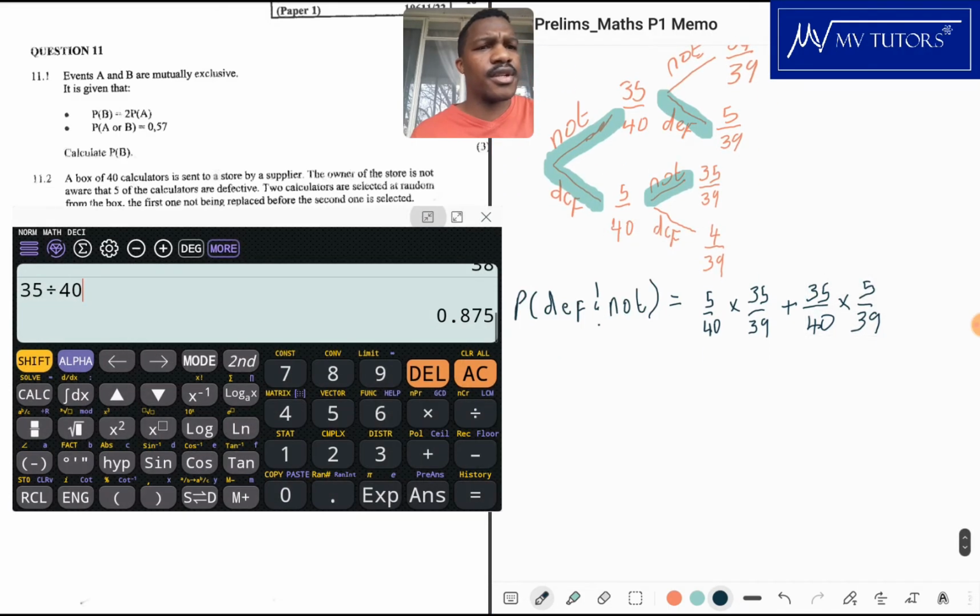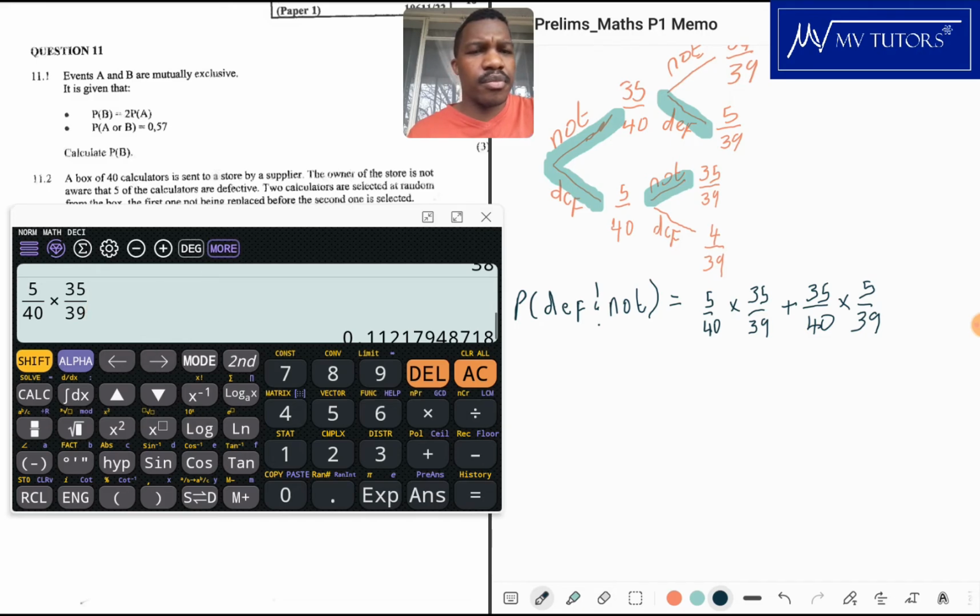Okay, let's put this in a calculator. So we have, for ease of calculation, 5/40 times 35/39.